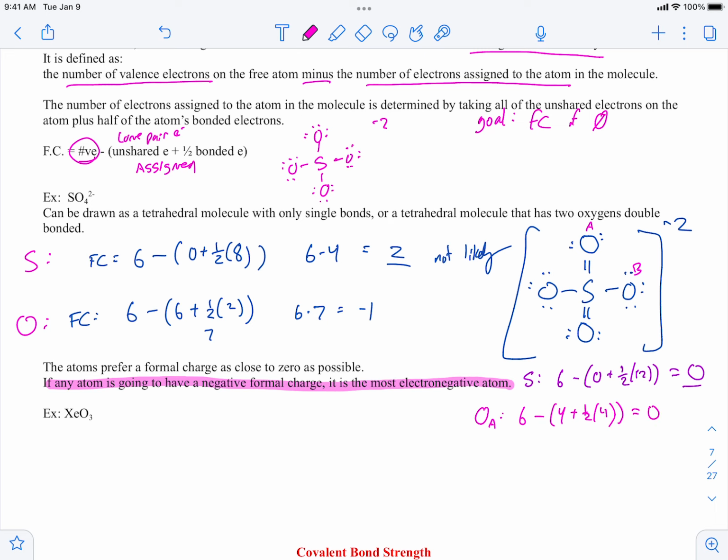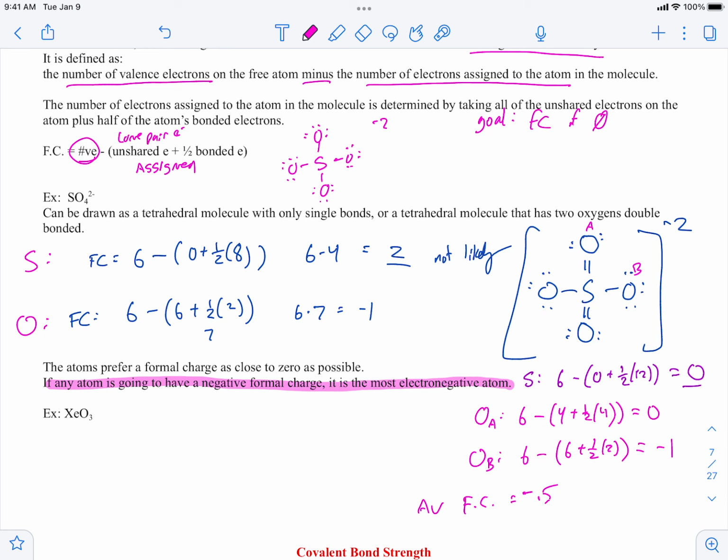So the oxygen A's come in with a formal charge of 0. That's good. The oxygen B comes in at 6 minus 6 plus half of 2, which is minus 1. Not terrible, but remember, it's not a full minus 1 because we have resonance. The formal charge averaged for all of the oxygens is really going to be negative 0.5.